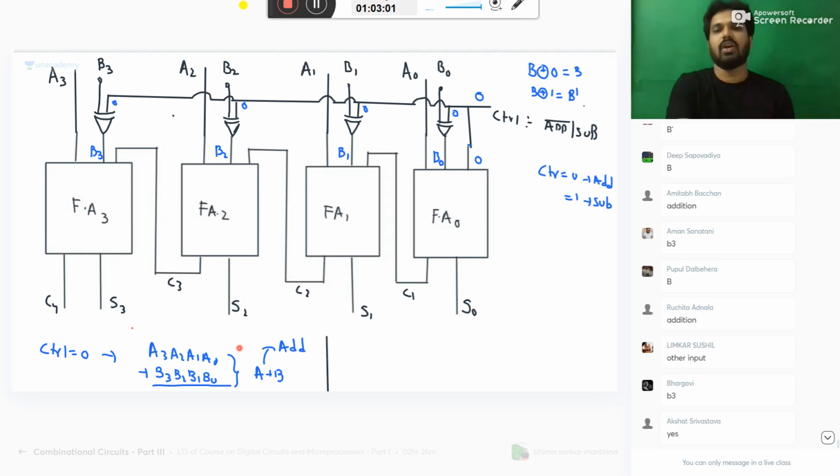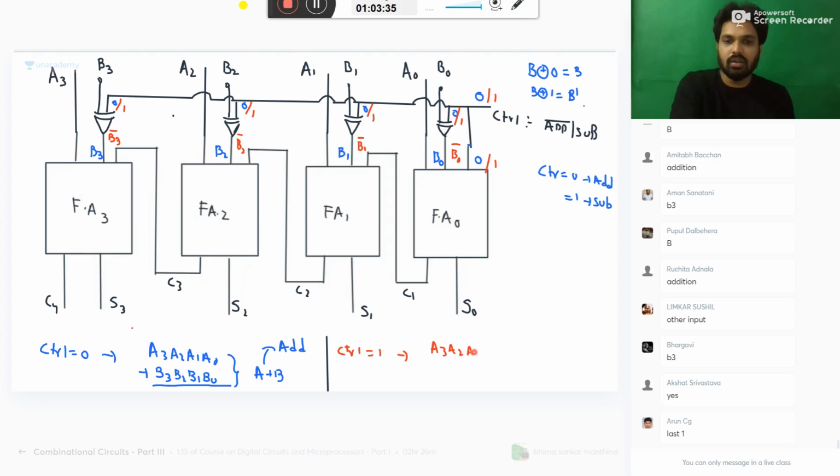Listen. If control equals 1, what happens? Here you give 1, here 1, here 1, here 1. If one of the inputs to the XOR gate is 1, it will give you the complement: B3 bar, B2 bar, B1 bar, and B0 bar. Now, when control equals 1, your A is as it is: A3, A2, A1, A0.